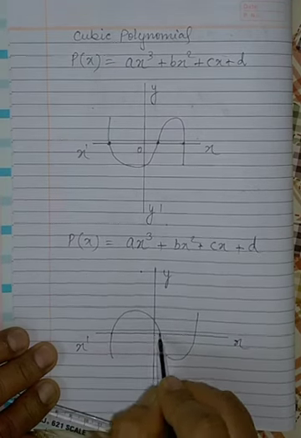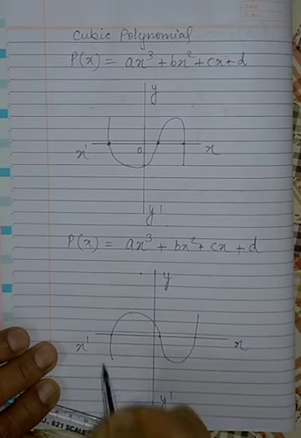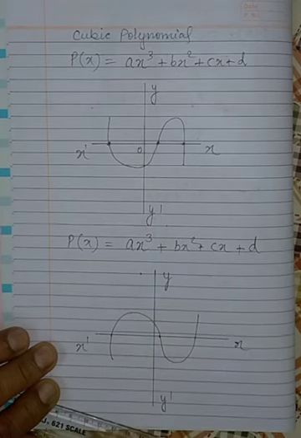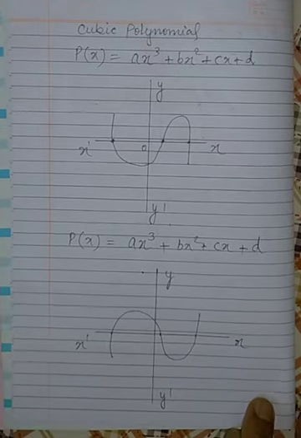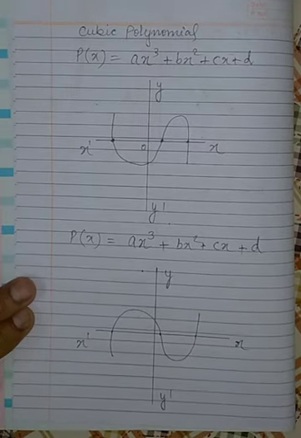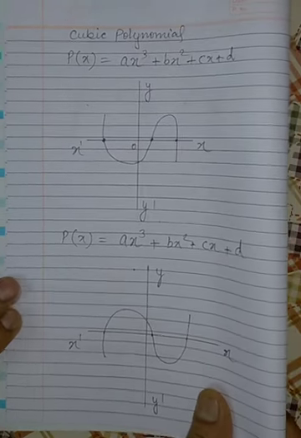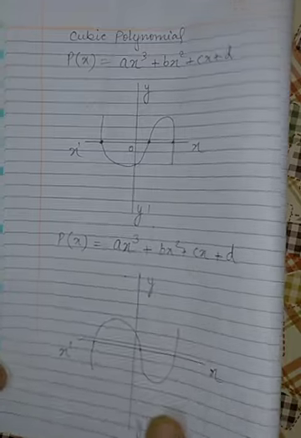It has also 3 zeros as we have 3 points of intersection on the x-axis. Let us see one more presentation for this cubic polynomial.